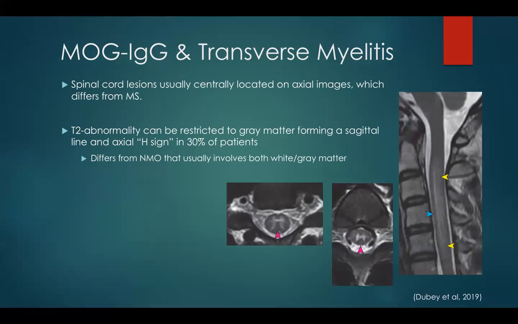This has been reported in 30% of patients who are presenting with myelitis secondary to anti-MOG. It differs from NMO in that usually NMO involves both the white and the gray matter of the spinal cord. And it differs from MS because MS usually causes lesions in the periphery of the spinal cord, whereas spinal cord lesions from NMO and MOG cause centrally located lesions on axial imaging.